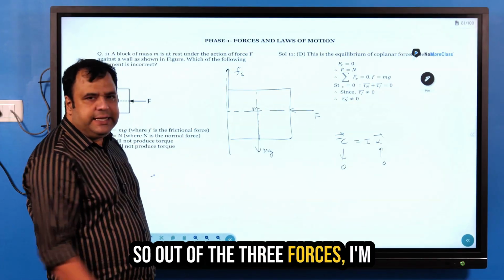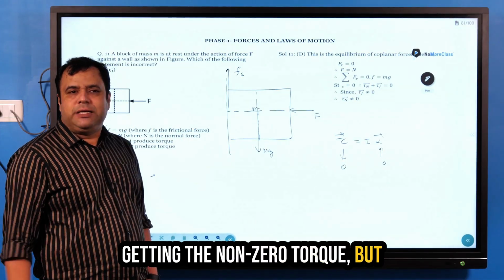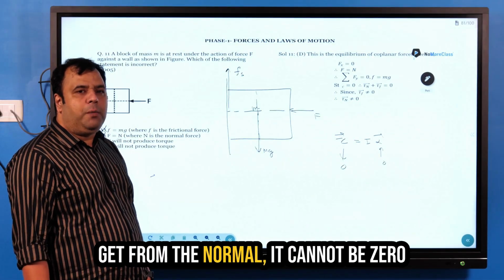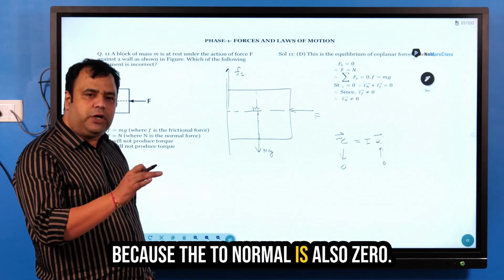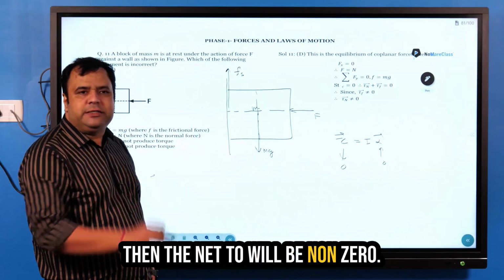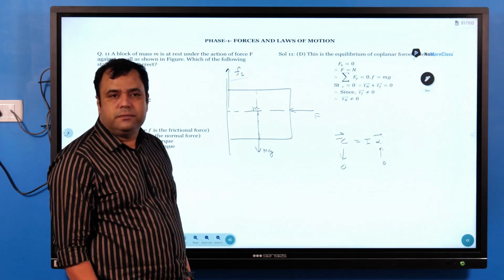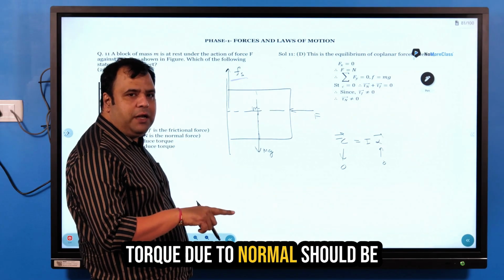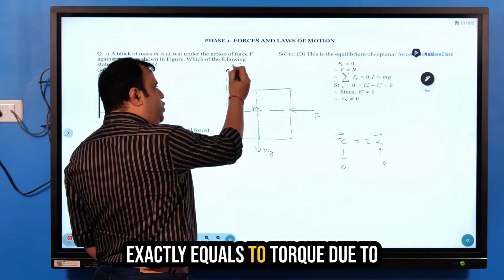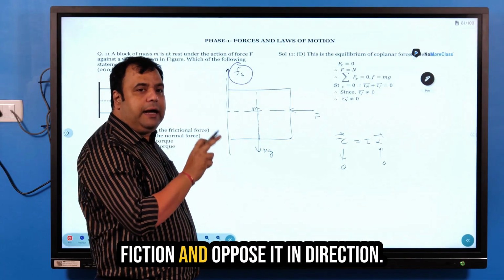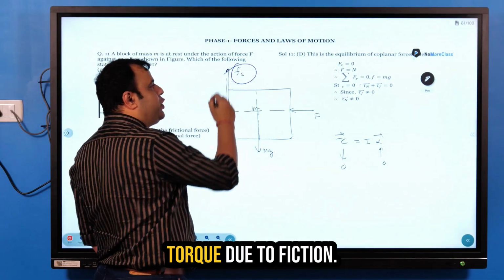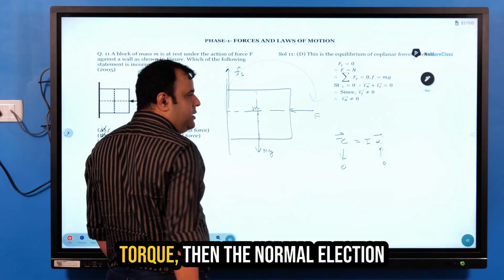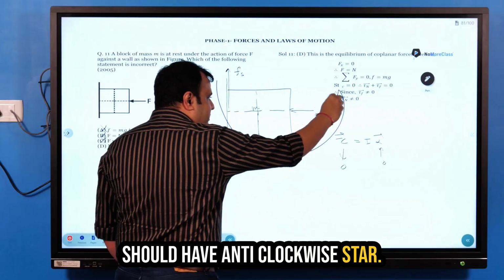So out of the 3 forces, I'm getting a non-zero torque, but the net torque has to be 0. It means the torque from the normal cannot be 0, because if the torque due to normal is also 0, then the net torque will be non-zero. To make the net torque 0, the torque due to normal should be exactly equal and opposite in direction to the torque due to friction. So if friction about the center of mass has a clockwise torque, then the normal should have an anti-clockwise torque.